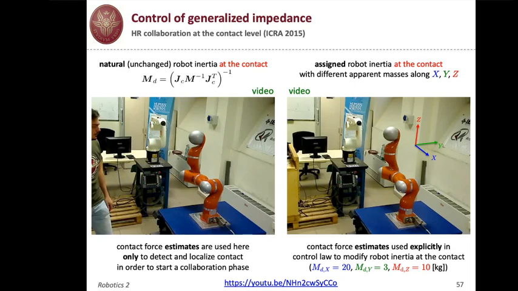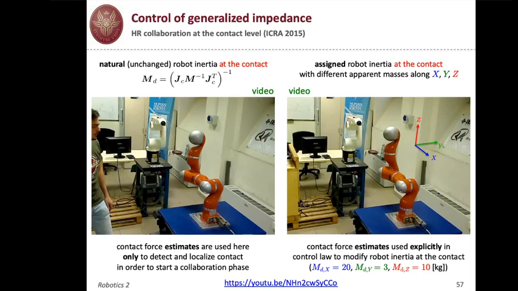So in this case, although we estimate force, since we are not changing the apparent inertia, I mean, the apparent inertia is the natural one, then we don't need to use this estimate inside the control law. However, the contact force estimate is used to localize where the contact point is and to start the collaboration phase.